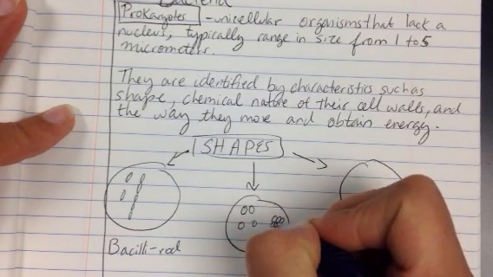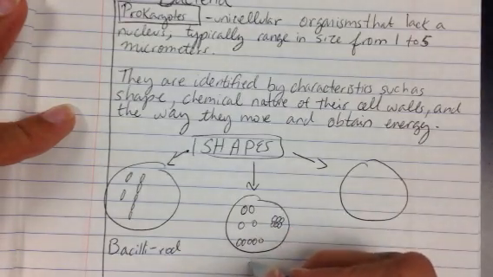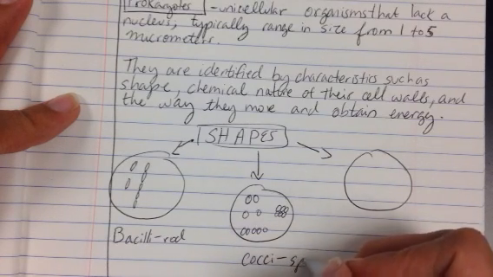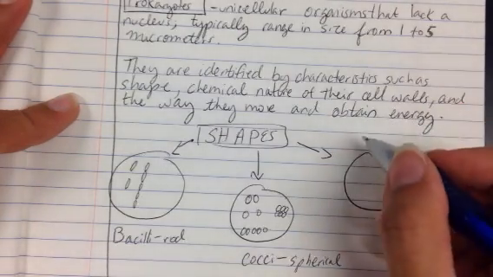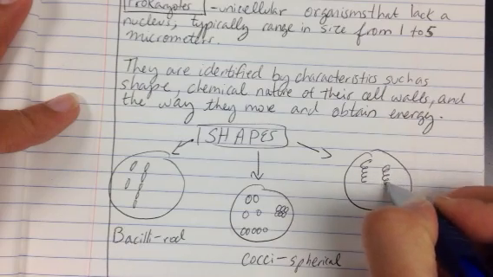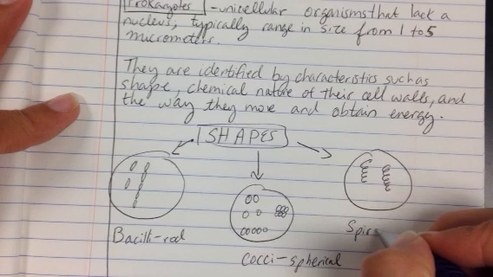Sometimes they clump together, sometimes they make long chains. These are called cocci. They are spherical. And then the other typical kind we have are spirilla, which are spiral or corkscrew shaped.